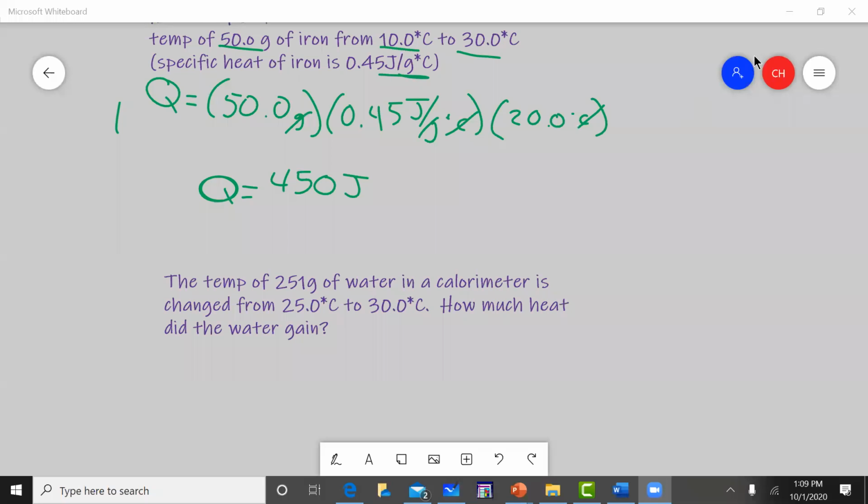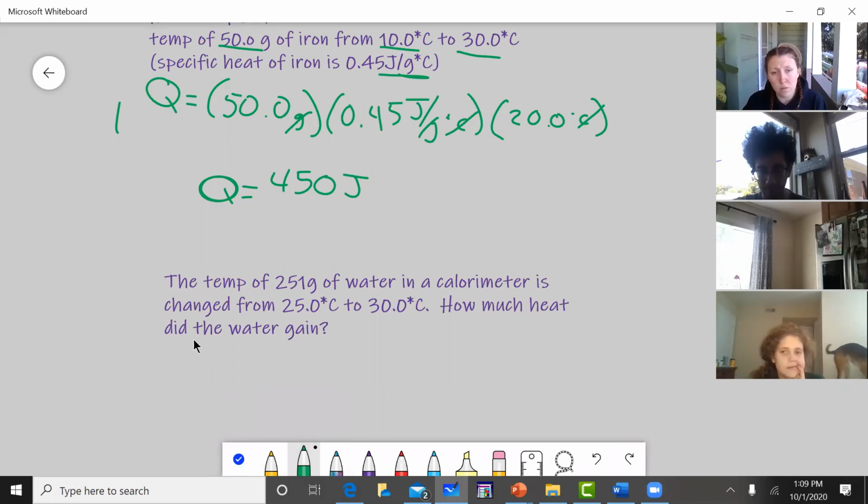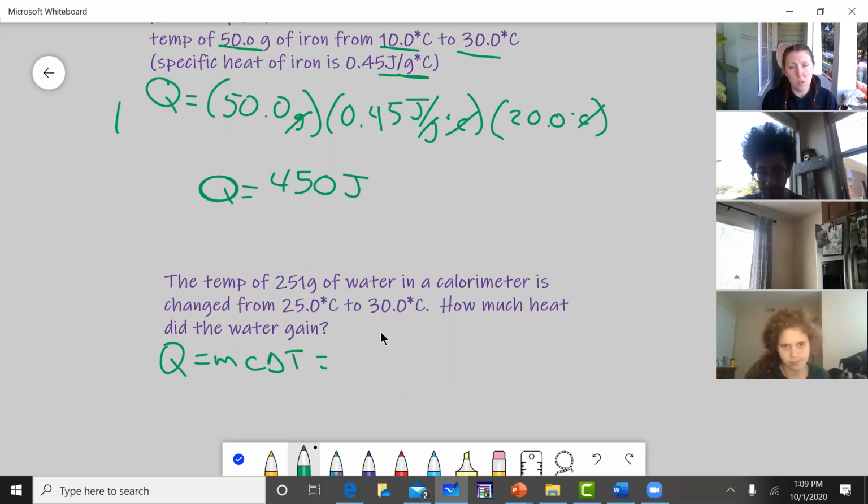All right, so for this one, similar setup. We're just going to be talking about water instead. So we're still going to use Q equals MC delta T. Our Q is what we're solving for. Our M is the mass, so 251 grams of water.